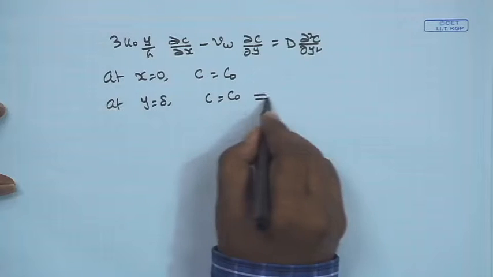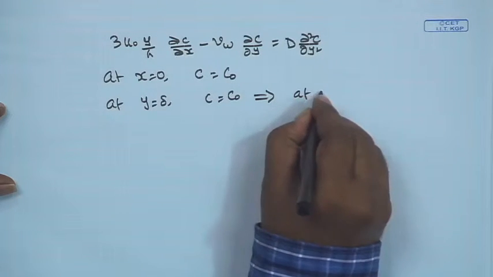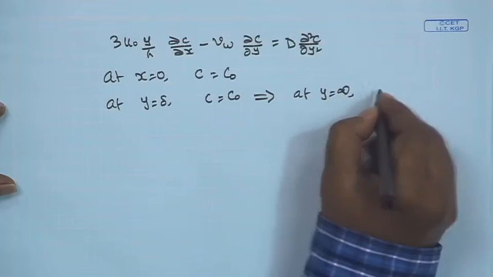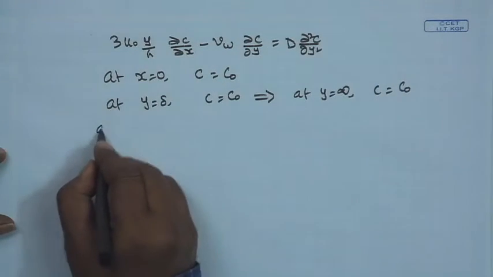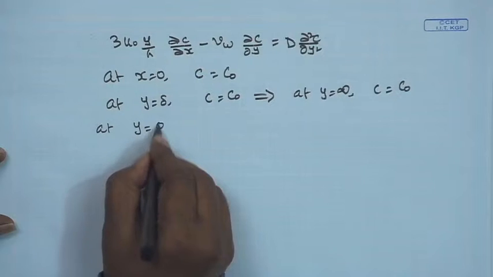In that case, beyond the mass transfer boundary layer, in the majority of the channel, the concentration remains the bulk concentration. So, we can safely replace this boundary condition as at y is equal to infinity, c is equal to c naught.